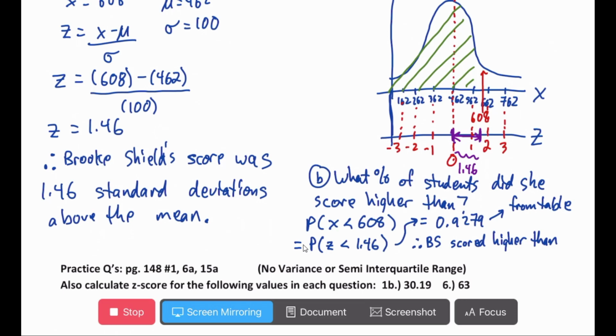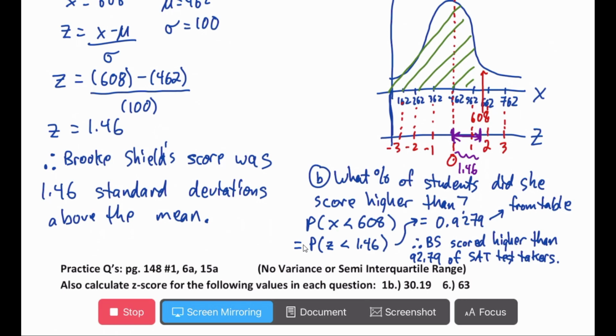Brooke Shields scored higher than 92.79% of SAT test takers. And so this is where the z-score becomes useful, because it allows us to interpret using our z-score table, if we have a normal distribution, and to say something about how much better we scored than other people, or what percentage of the population we are scoring greater than or less than.